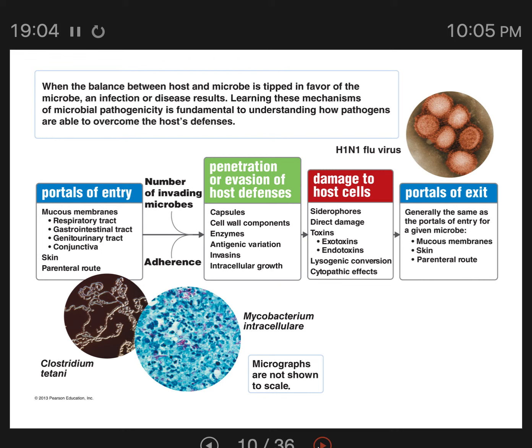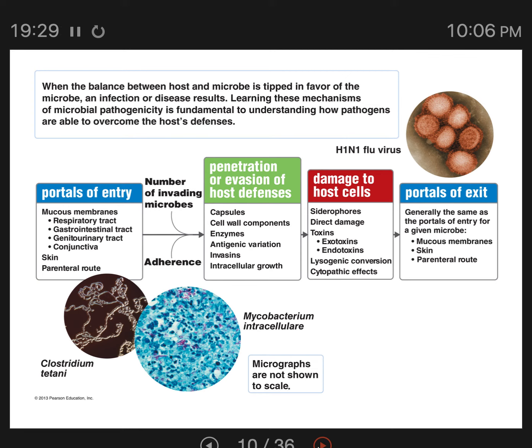Third, the pathogen has to evade or penetrate the host's defenses. The host defenses include various aspects of the immune system. Fourth, the pathogen is going to cause damage to the host cells. If it didn't damage the host cells, it would not be considered a pathogen. Fifth, the pathogen has to exit the host.